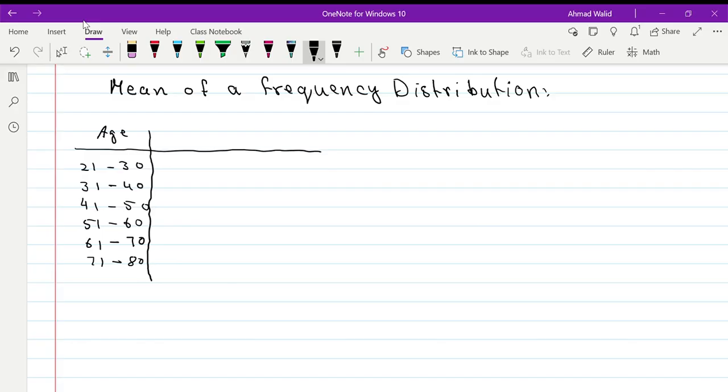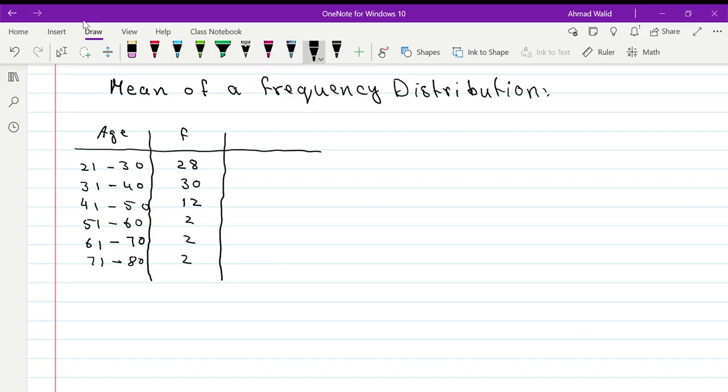Correct? And the frequency for this example is 28 people for 21 to 30, 30 people for the next class, 12, 2, 2, and again 2. Correct? Now, I want to find the mean of the frequency distribution.